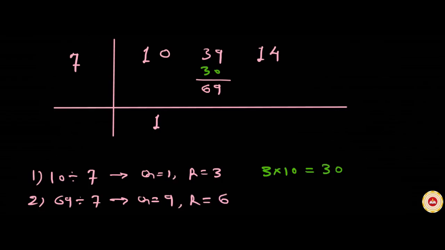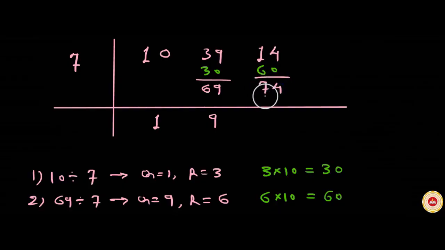So let us write quotient digit 9 below the gross dividend 69. And how to write remainder 6? Before writing it, first of all multiply remainder 6 by 10, you get 60, and now add 60 to the next part, which is 14, which gives you 74.